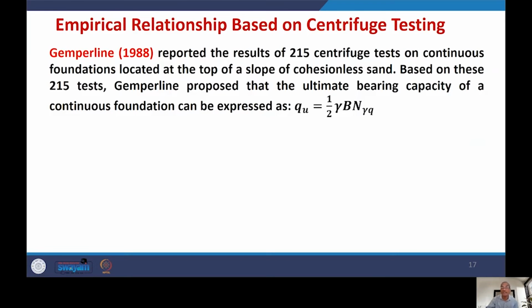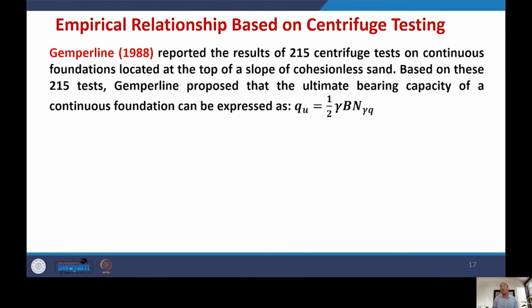Gemperline in 1988 reported the results of 215 centrifuge tests on continuous foundations located at the top of a slope of cohesionless sand. Based on these tests, Gemperline proposed that the ultimate bearing capacity of the continuous foundation can be expressed as q_u = 1/2 γ B N_γq.